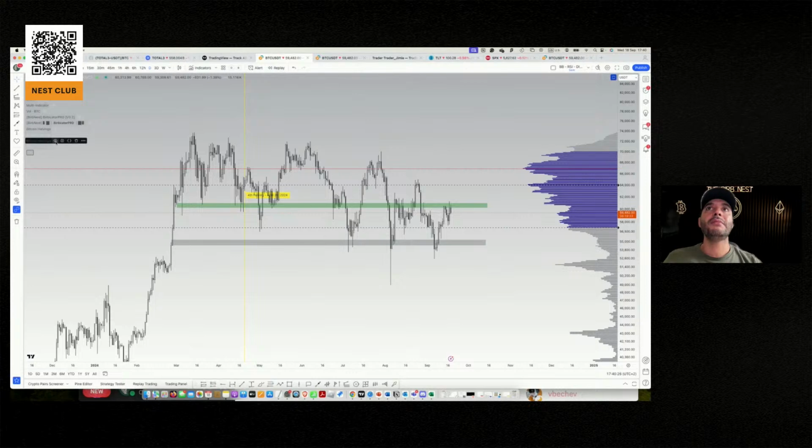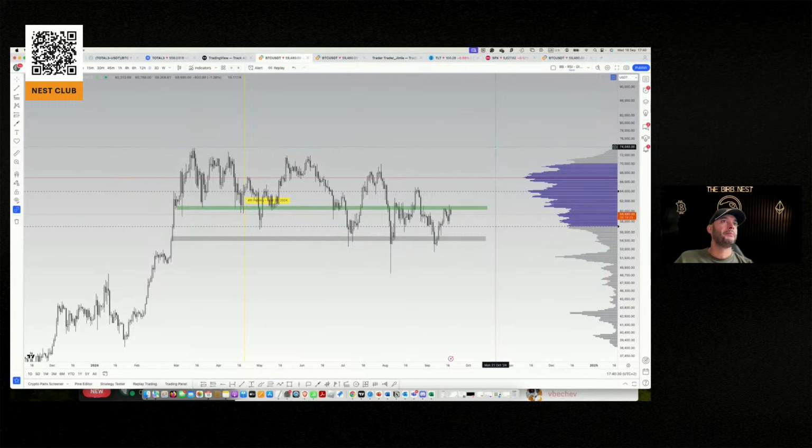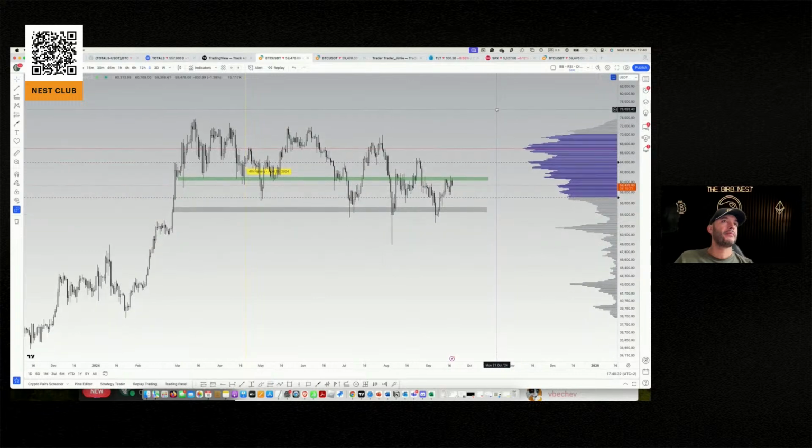But I believe that the path of least resistance for Bitcoin in the next 6 months is more positive than negative. Short term, I really don't see Bitcoin that quickly going to 42K as so many people claim. I see levels.